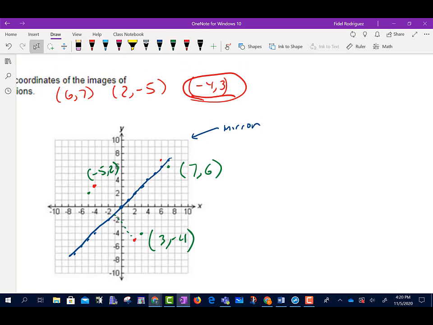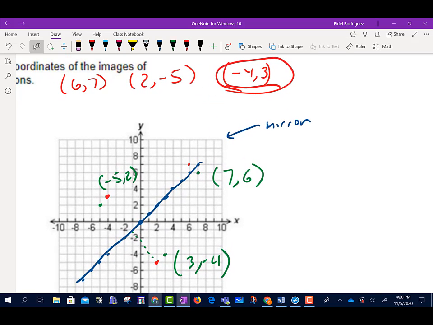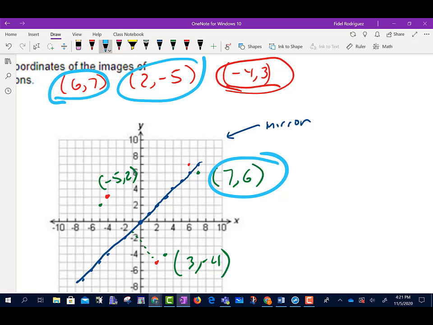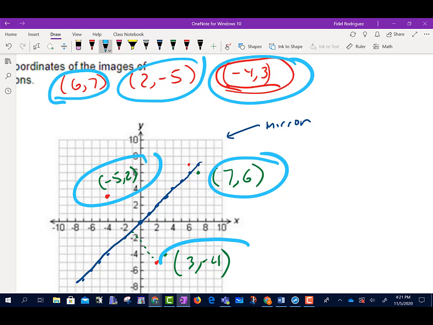All right, so now we're going to do a little stare and compare. Let's take a look at the first point we had, 6, 7. Look at the mirror image, 7, 6. What did we do? We switched the x and the y. 2, -5 becomes -5, 2. -4, +3, I'm sorry, becomes 3, -4. So now we have an idea.